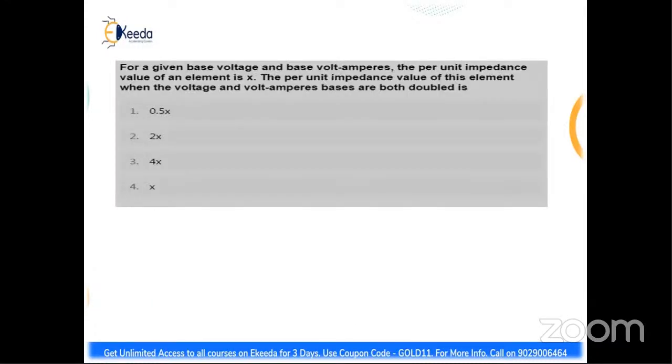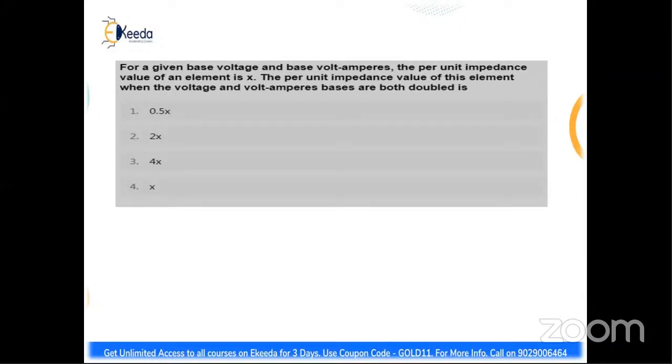Next problem. For a given base voltage and base volt amperes, the per unit impedance value of an element is X. The per unit impedance value of this element when the voltage and volt amperes bases are both doubled is 0.5x, 2x, 4x, or only x.